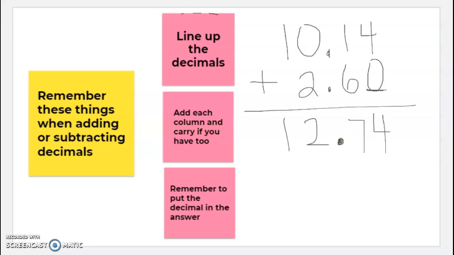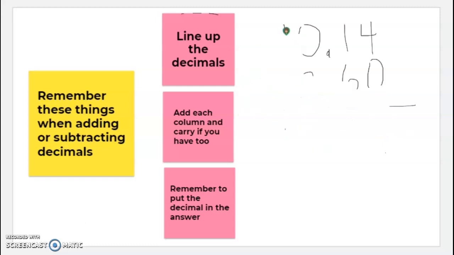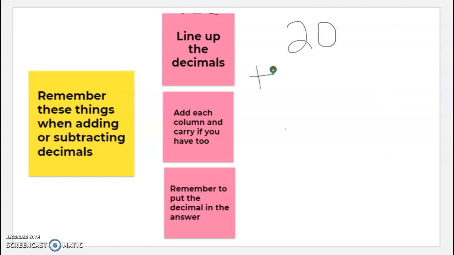Okay, I'm going to give one more example. So let me erase this one. Okay, the last example is a number like 20 plus, now if I want to add 3.6.